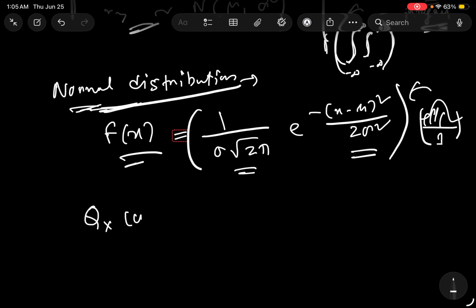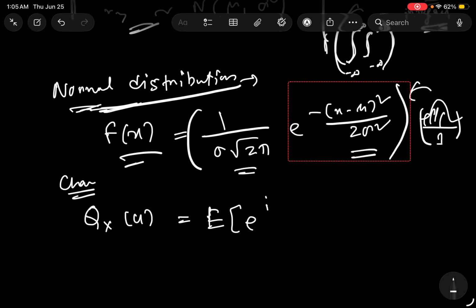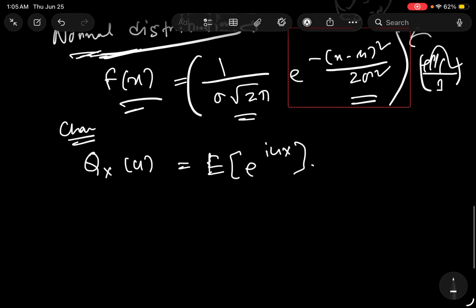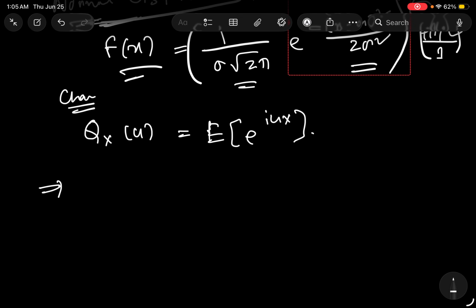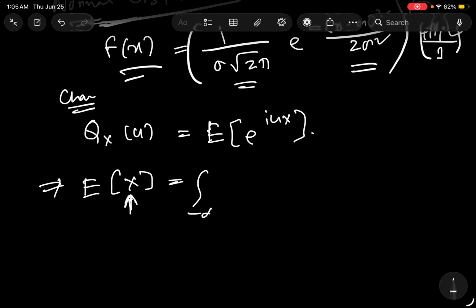What is our characteristic function that we wrote above? It looks like this. Now, as we set the expectation that this is a continuous random variable, it becomes this.